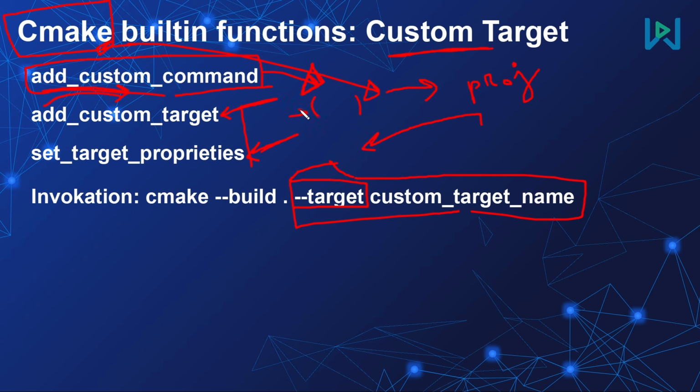Then we need to provide the body of the command or the application to be executed within the same API here. And we can even create dependencies between this command to be executed and another previous command or some files to be generated.